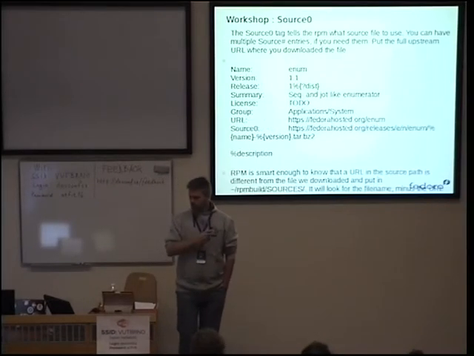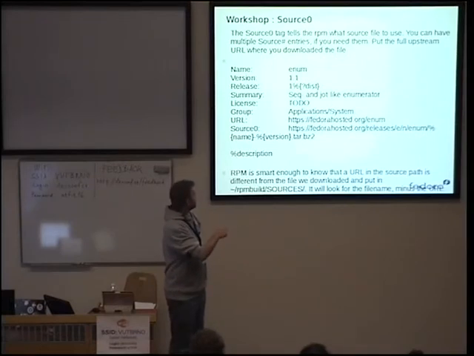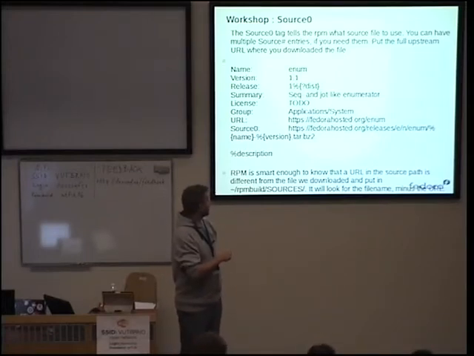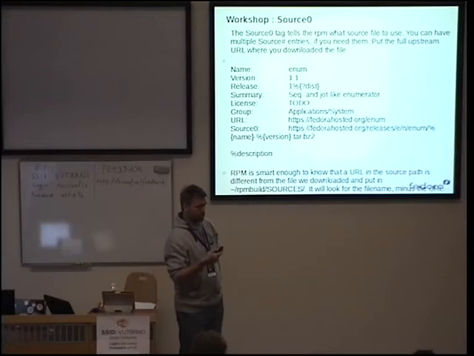Okay, why do we use the macros here? It's because this part may change. For example, the version always changes. So when a new release is available, and you are preparing an RPM for version 1.2, you want to edit only one place and not change this string.